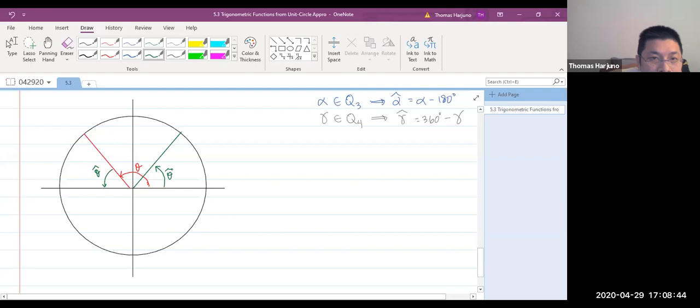This is theta hat. Okay, now notice that if the theta is in quadrant 2, then they must have the same y, but opposite x.